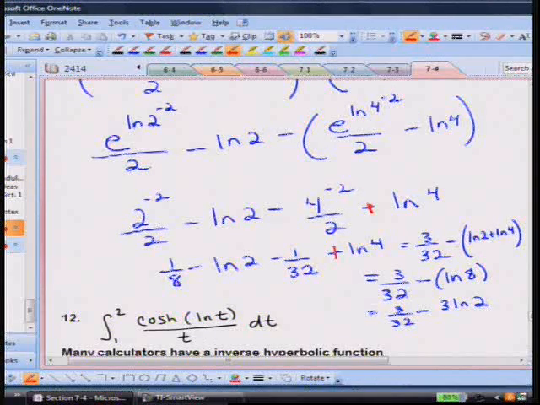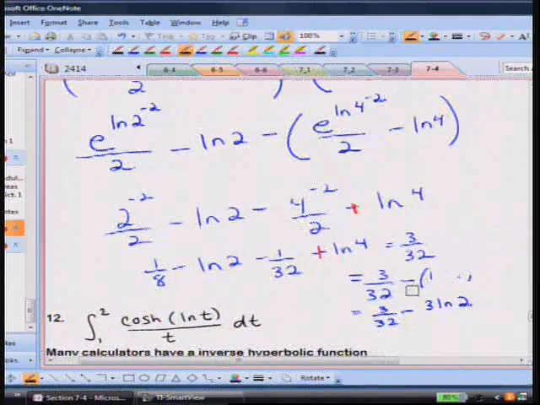If I factor this minus out, that's going to make this a minus. All right, let me just clean up right here.